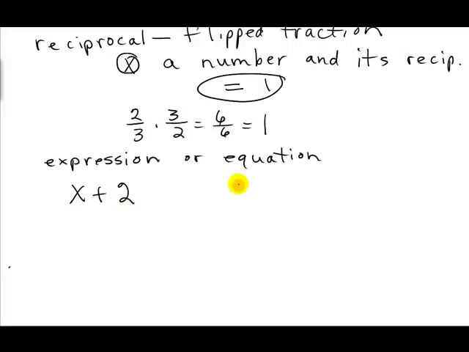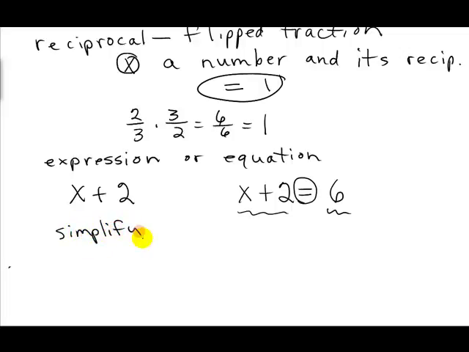An equation could start the same way, but it will always have an equal sign, and it will have another side to it, so that these two sides are equal to each other, creating our equation. With expressions, you can simplify. With equations, we can solve.